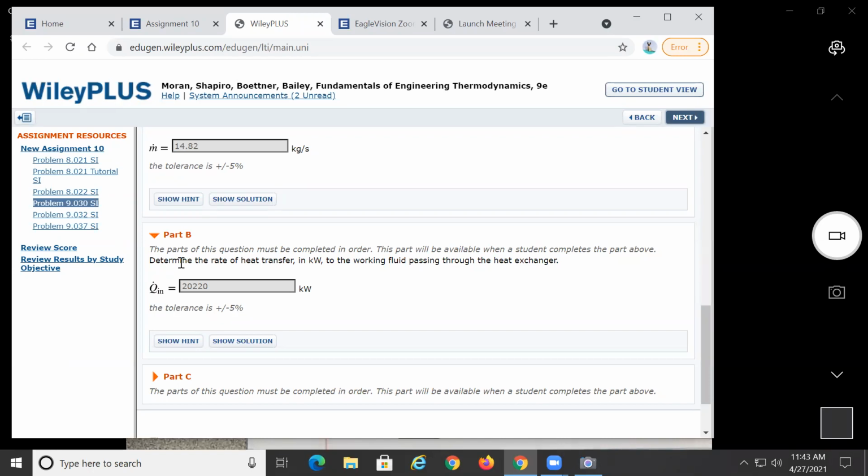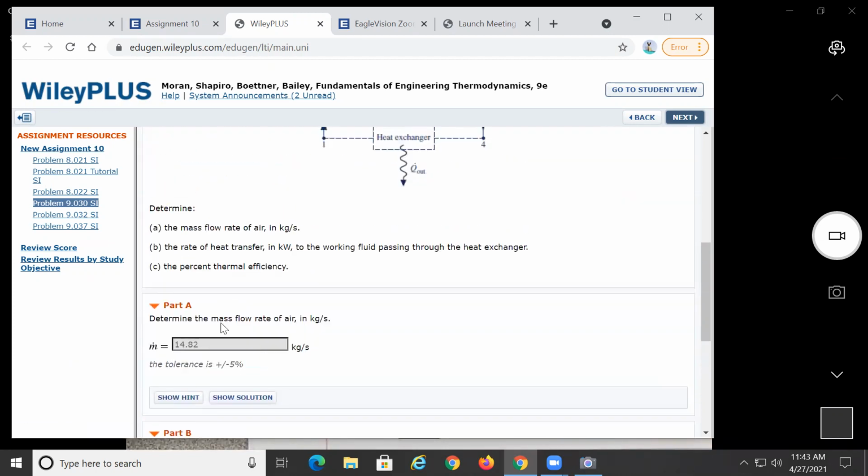What do you get? 20,217. So 20. Okay, so let's say we take this value 2220. Okay. Whatever it is, okay, I don't have a calculator. And part C, what is part C? The percent thermal efficiency, okay?